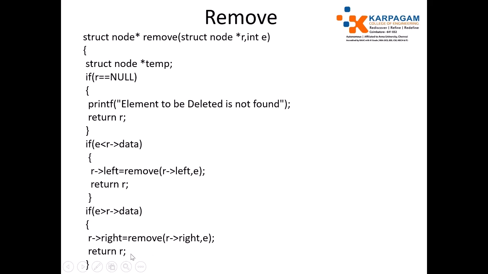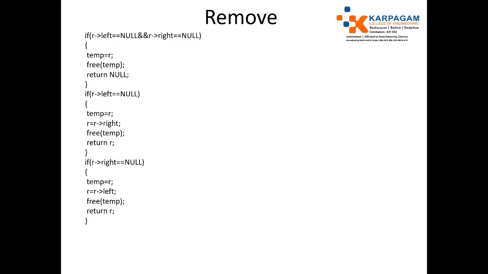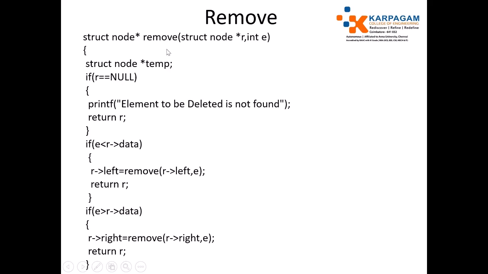If these conditions are not met, then we have found the element which is to be deleted. In this case, the element to be deleted is equal to the particular node's data.